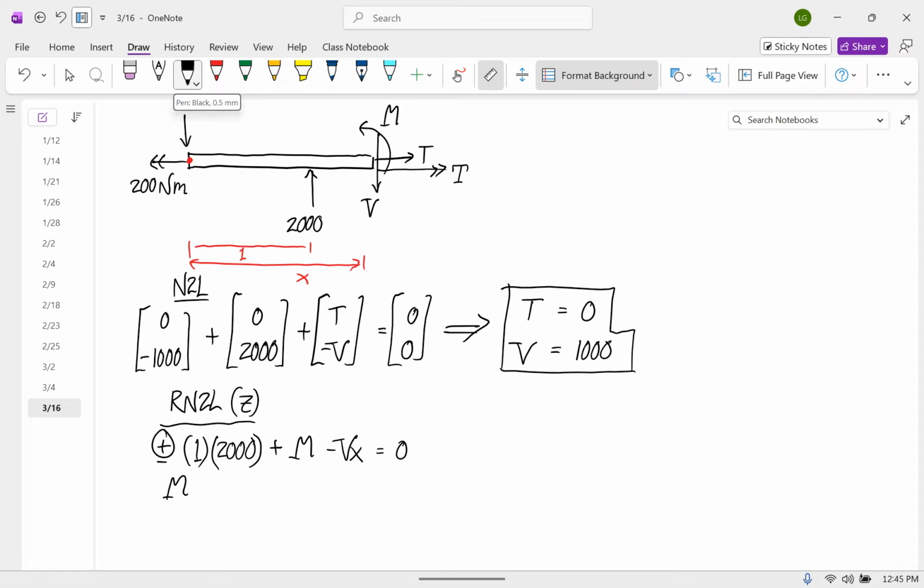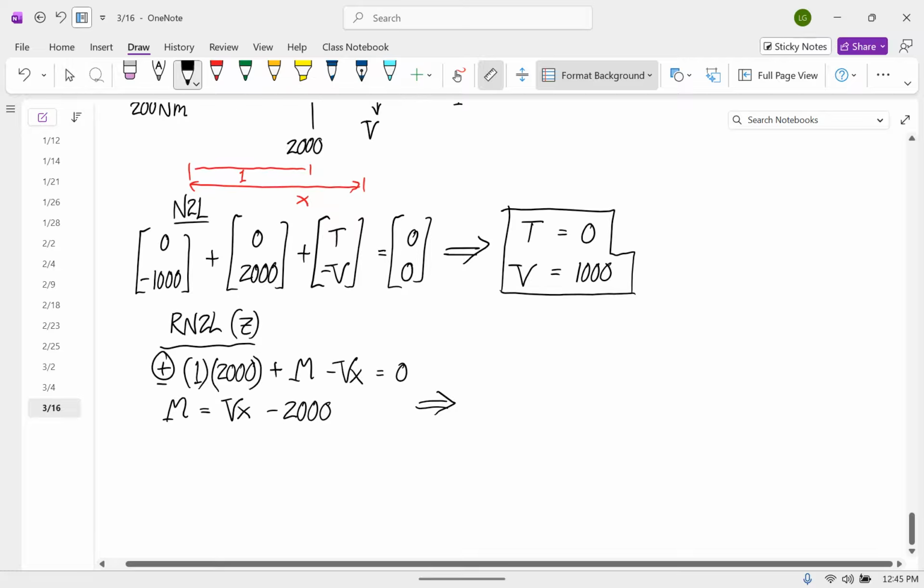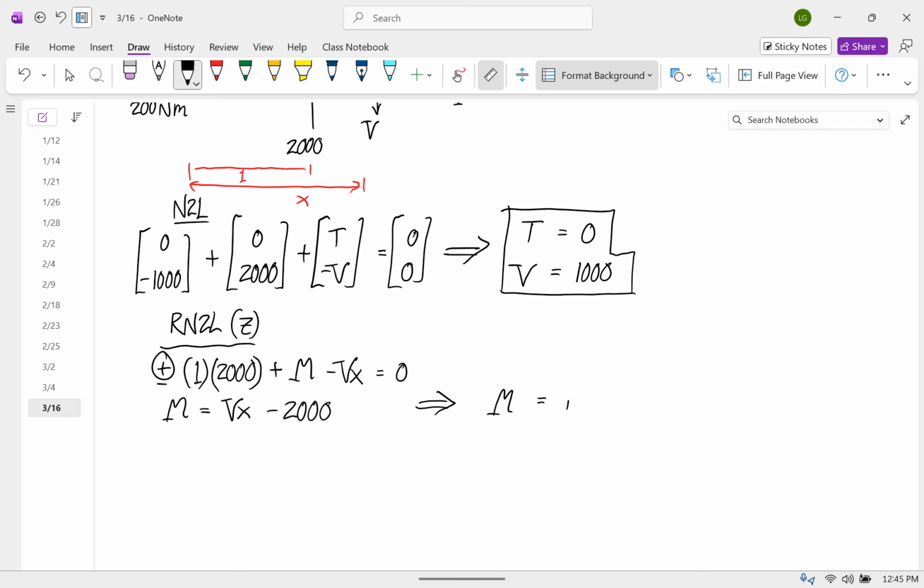So M is equal to Vx minus 2000. And so M is equal to, substitute the 1000 in for V, 1000x minus 2000.